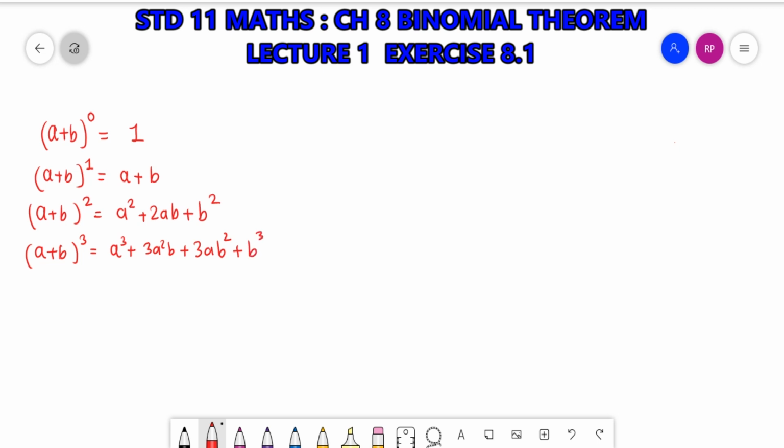Generally, we write a cube plus b cube plus 3a square b plus 3ab square, but I just rearranged it.